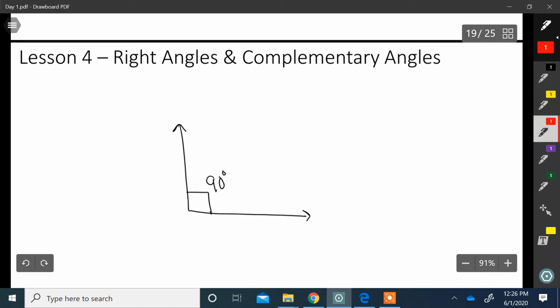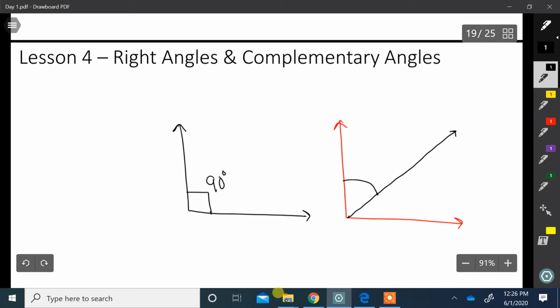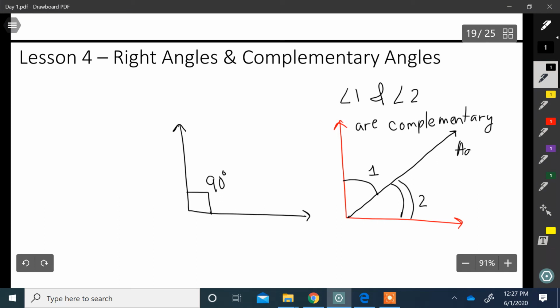When I have a 90-degree angle and we have, let's say, angle 1 and angle 2 there, we call that angle 1 and angle 2 are complementary angles. And what that means is that angle 1 and angle 2 add up to 90 degrees. That's all that they're saying.